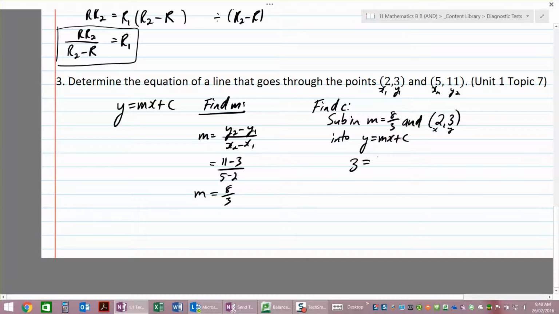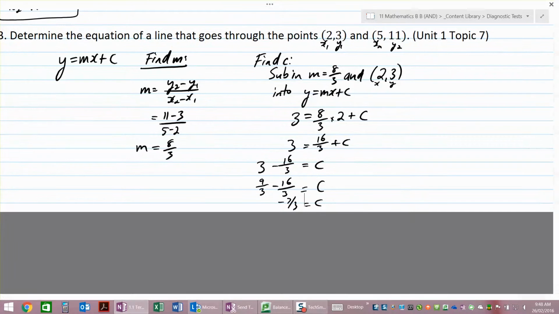Y is 3, m is 8 on 3, x is 2. So 3 is 16 on 3 plus c. I need to get the 16 on 3 to the other side. So this is really 9 on 3 minus 16 on 3. I'm going to end up with c equals minus 7 on 3.